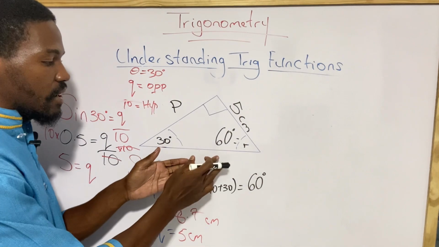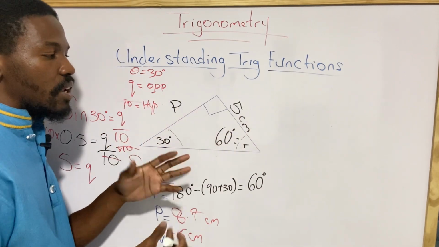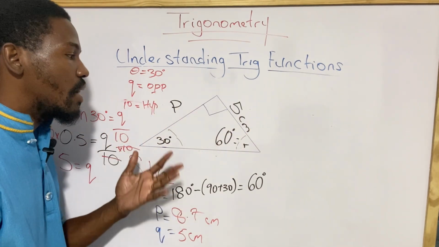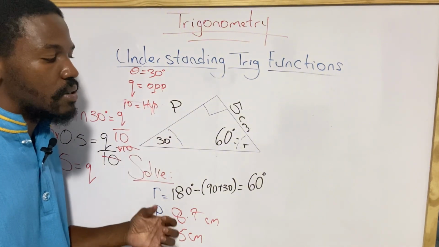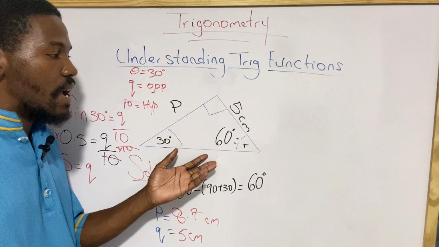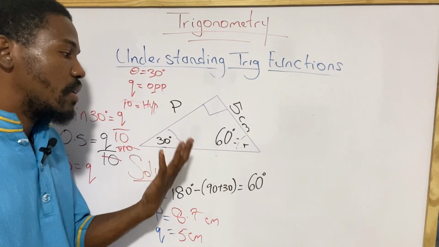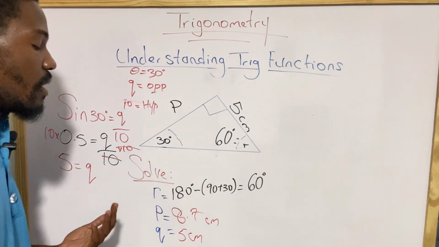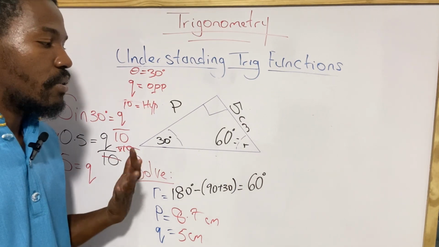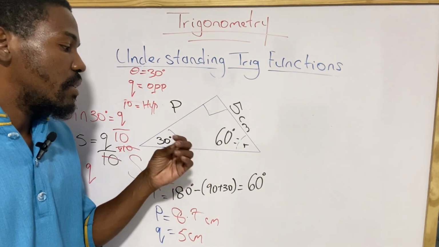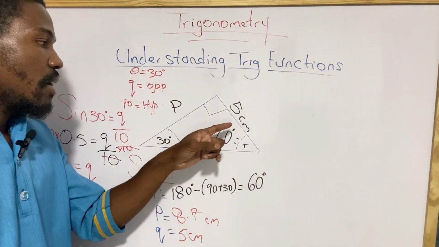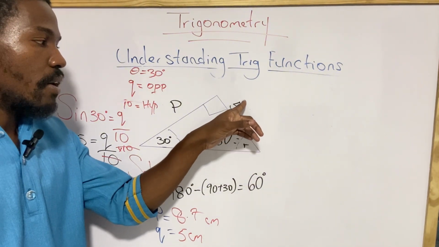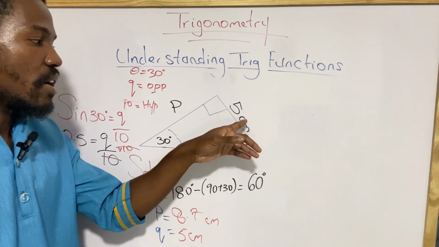Now, if 10 is there and we have this length, it's natural a person will think to go ahead and use maybe Pythagoras, or maybe use either cos or sine to find P, right? Because we also have theta. But in a case wherein your tan is going to be required, then it's most likely that you're not going to have the length of the hypotenuse, but instead you would have one of these other short sides.